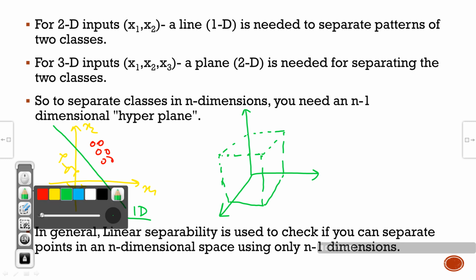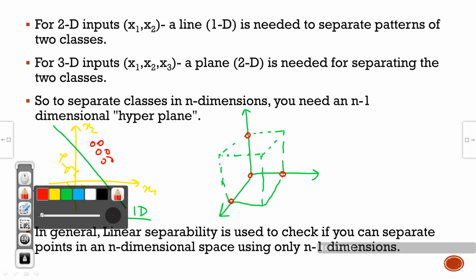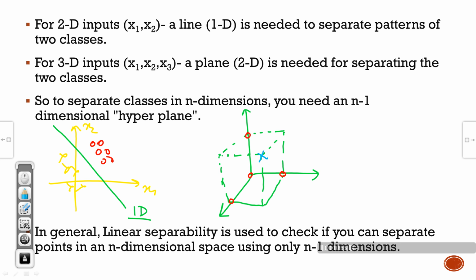There are some points, and a three-dimensional XOR gate, a three-input XOR gate, will be like a three-dimensional problem. There are some patterns here and here and here, and there are some other patterns at this particular corner and this particular corner.